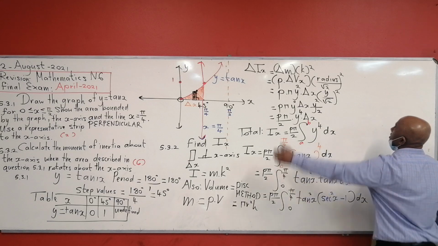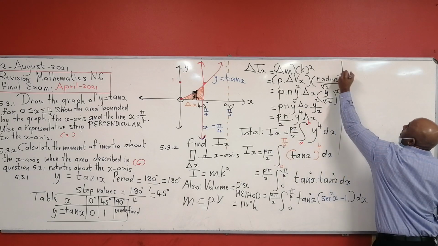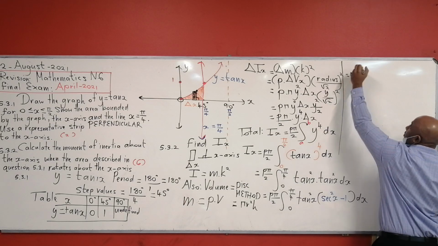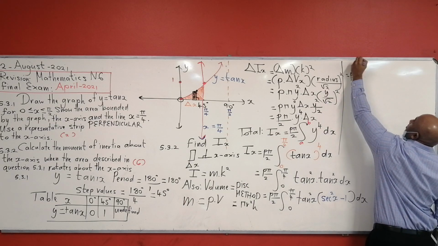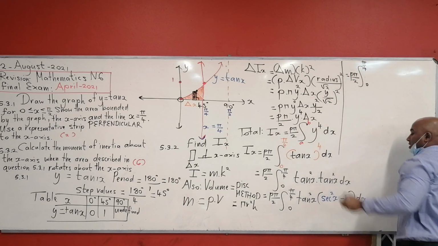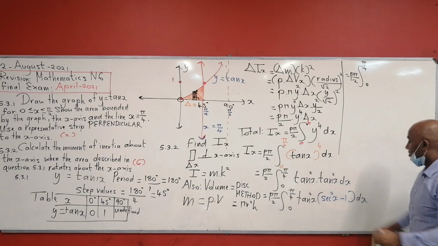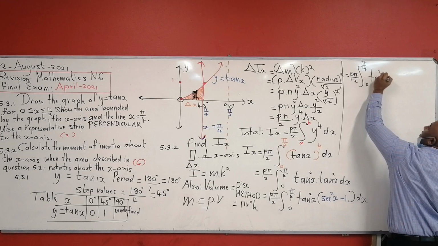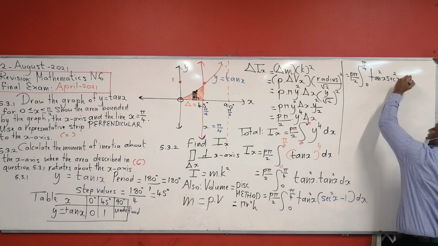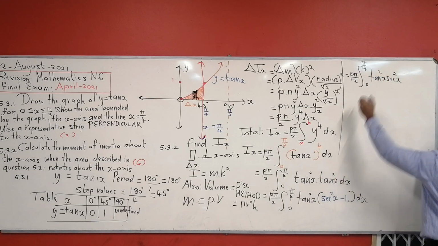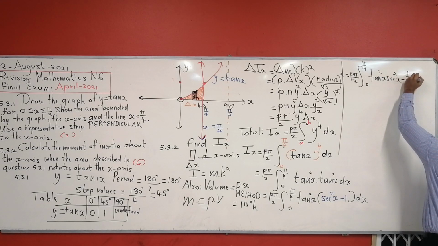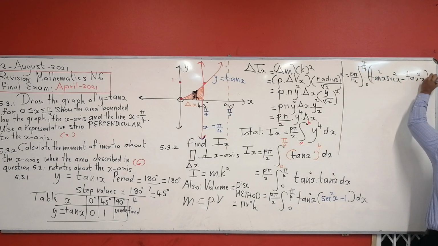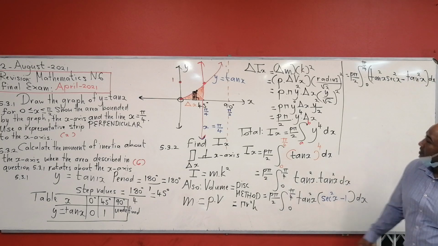So this is equal to, we got our integral from 0 to pi over 4, tan squared times sec squared, so that's tan squared sec squared. And then tan squared times minus 1 is minus tan squared, and there's my dx there.